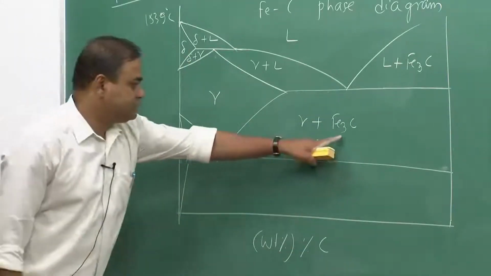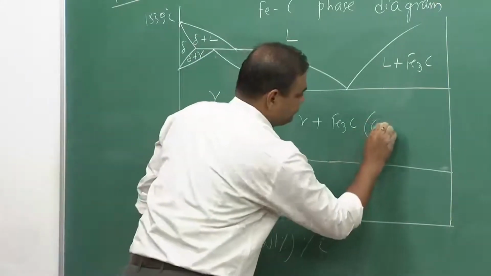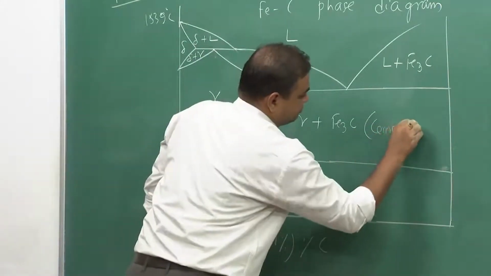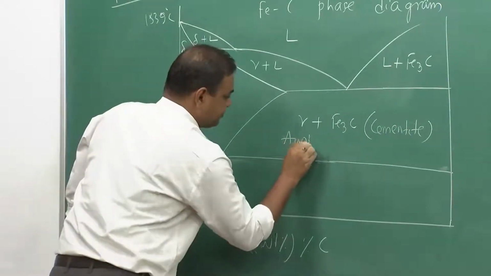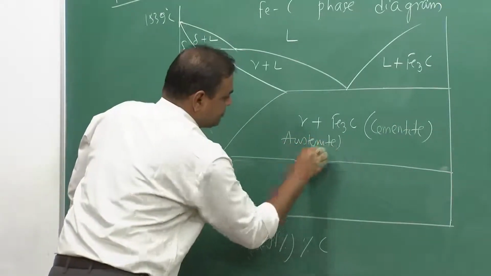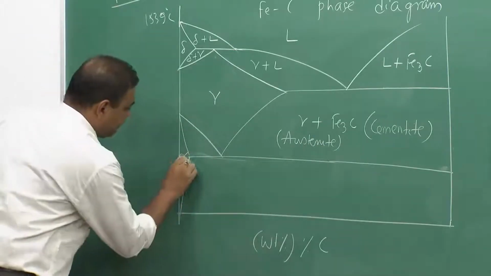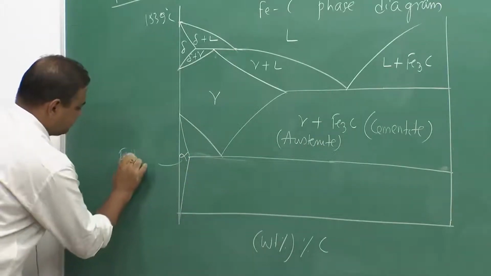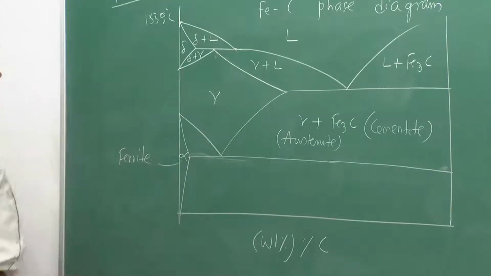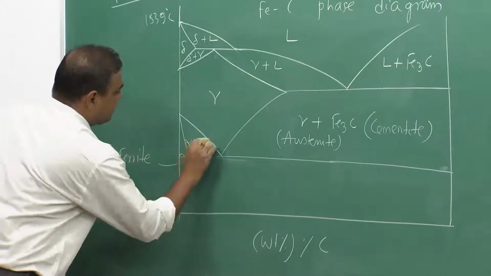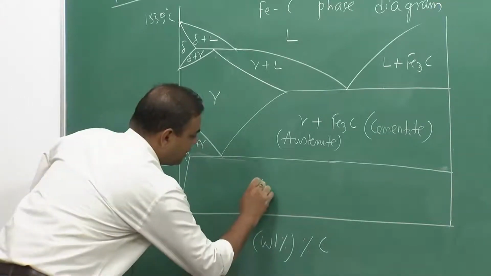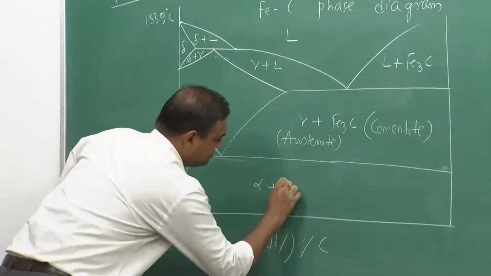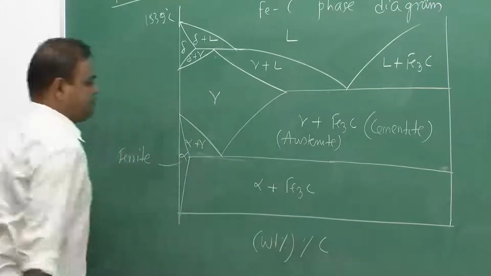This is cementite, we call it cementite. Gamma is austenite, and this is alpha, which is ferrite. This is alpha plus gamma, and this is alpha plus Fe3C.